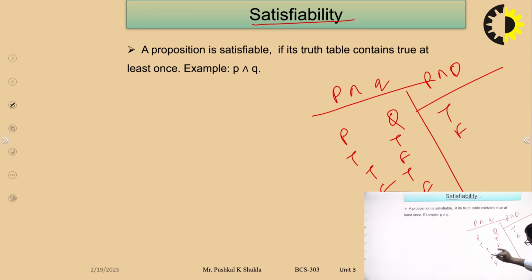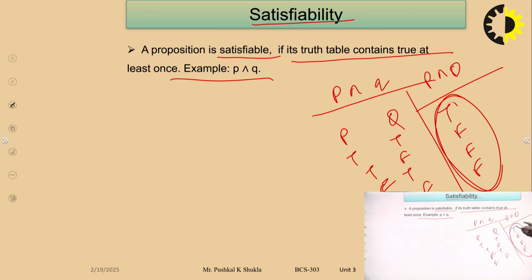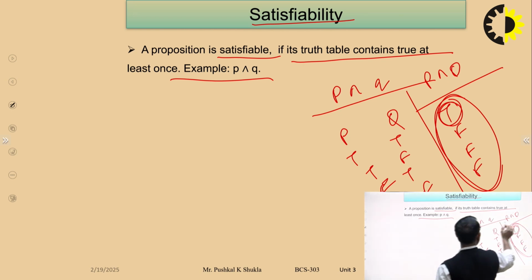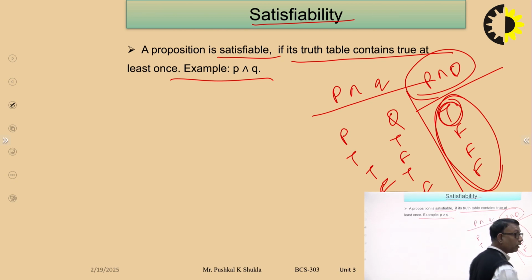So this has at least one true, and the proposition is said to be satisfiable.